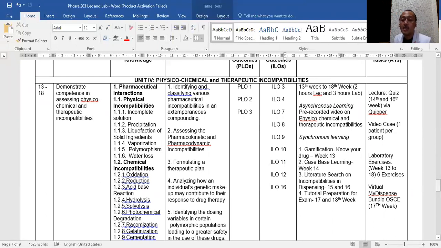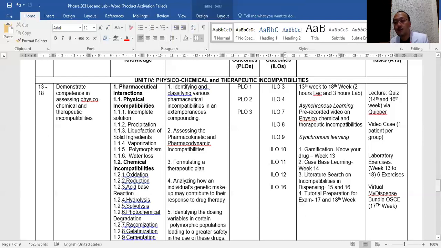We're going to have gamification, knowing your drug, case-based learning, literature search on incompatibilities in dispensing on week number 15 and week number 16. At the same time, we're going to have tutorial in the preparation for week number 17 and week number 18. So there will be ample time for you to actually discuss based on our examinations then.